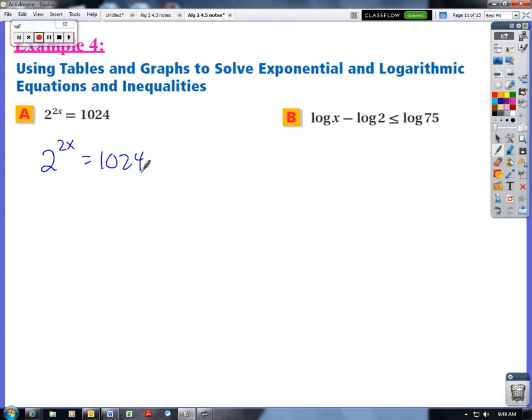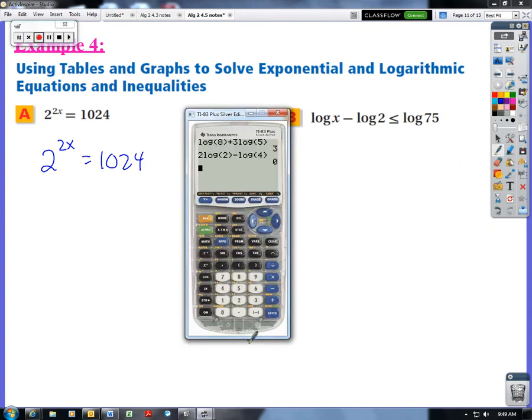So on a calculator, one way of doing this problem is go to y equals, and we could make 1024 be one of the equations, and 2 raised to the parenthesis, 2x, is the other equation. And we want to know when these equal each other, so we're going to look for where they intersect.